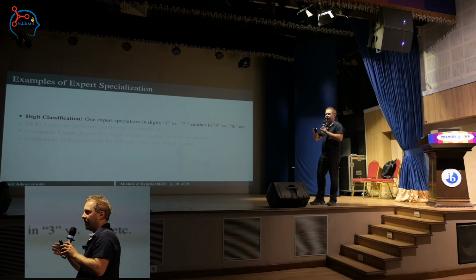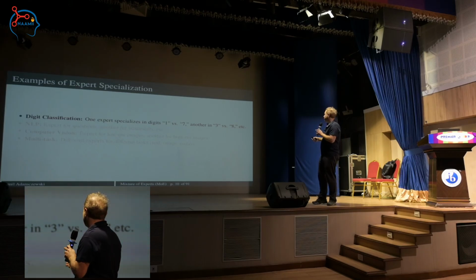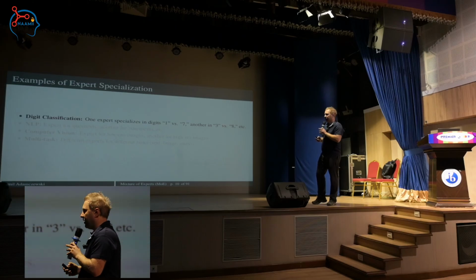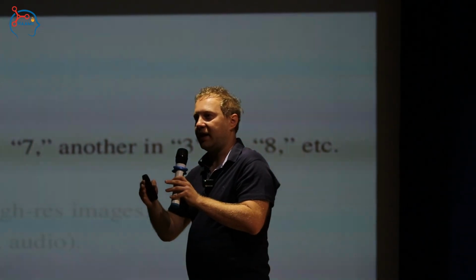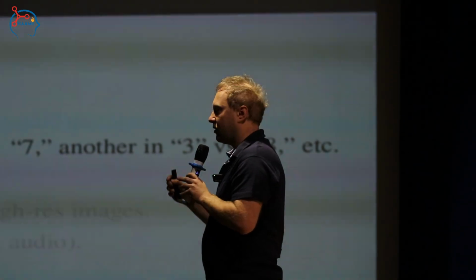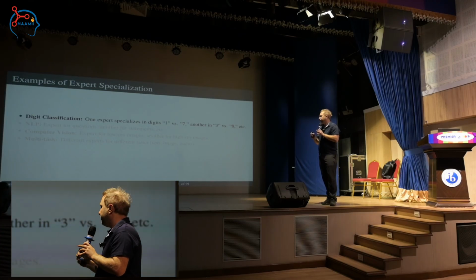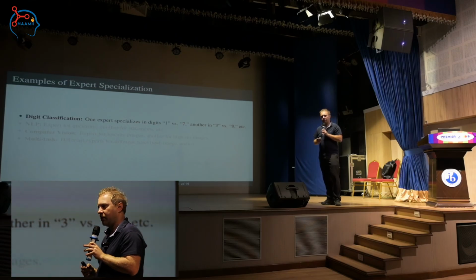They are similar, and maybe there should be one that focuses on this problem, or another on 3 versus 8. We don't need to use the capacity of the entire model. We would like to have a specialized expert that will basically tell us the solution to this problem.